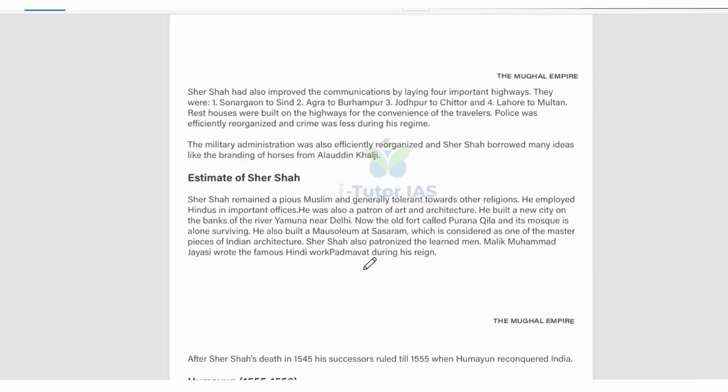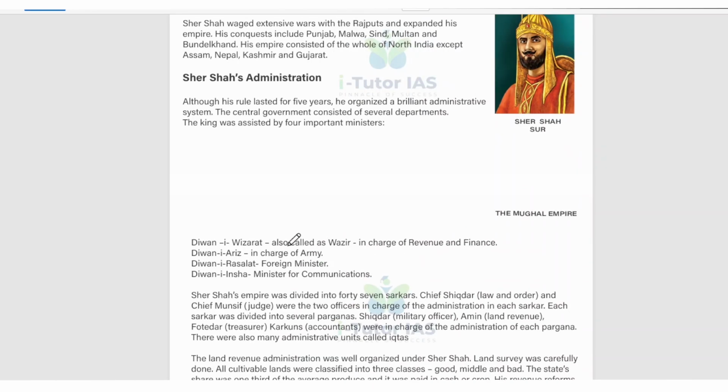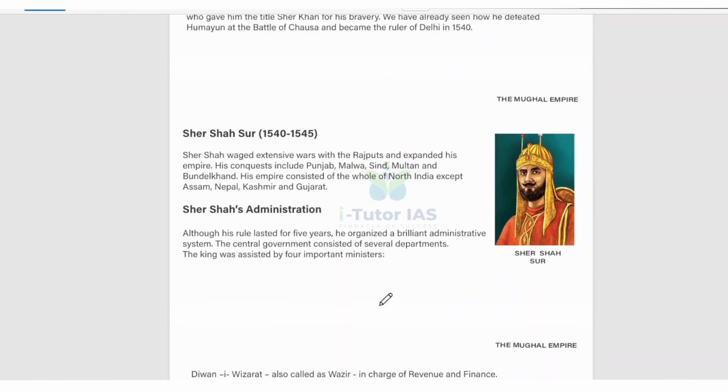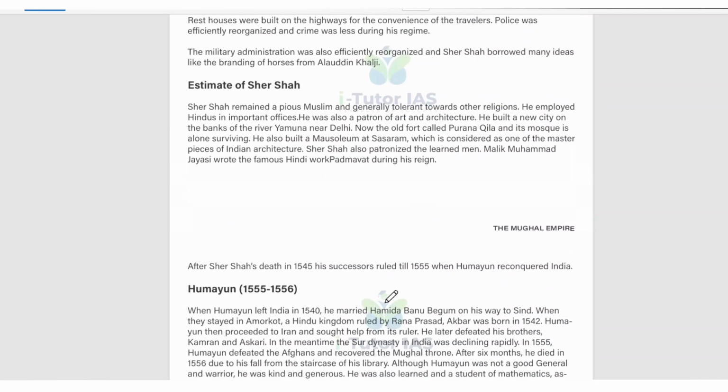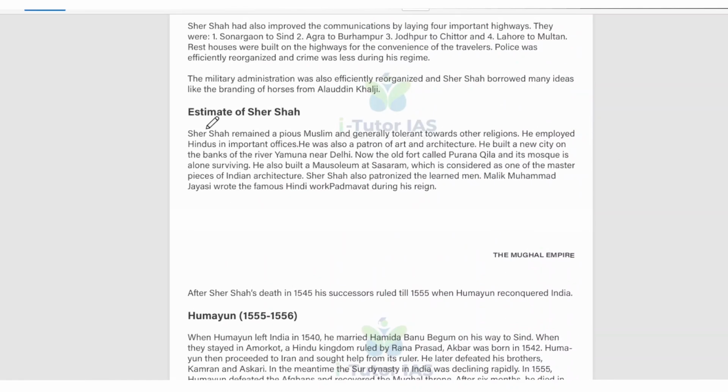The military administration was also efficiently reorganized, and Sher Shah borrowed many ideas, like the branding of horses, from Alauddin Khalji. So this is the administration under Sher Shah, and after Humayun, an estimate of Sher Shah. Sher Shah remained a pious Muslim and generally tolerant towards other religions.